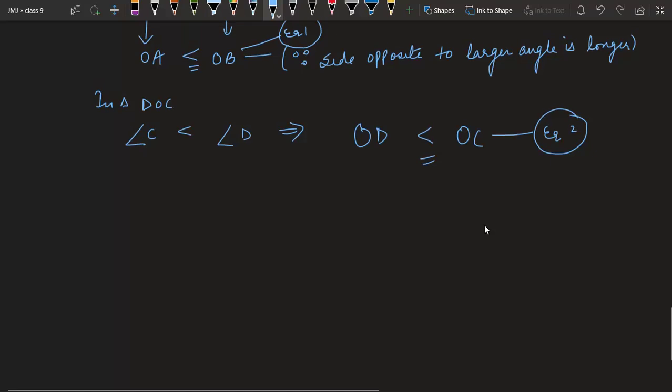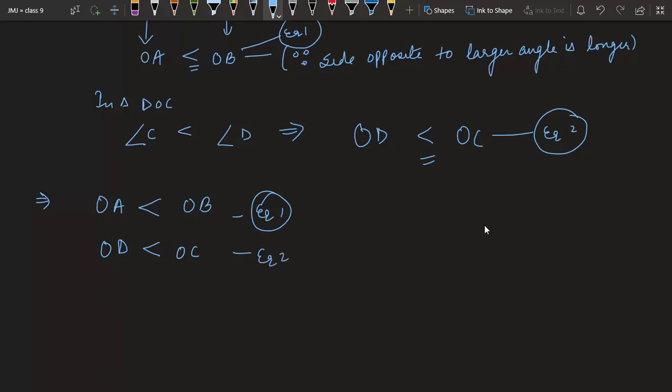Okay, so again writing the equations for your convenience, we have OA less than OB, and OD less than OC. This is equation number 1, this was equation number 2.